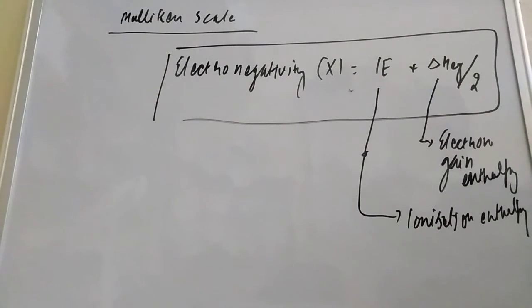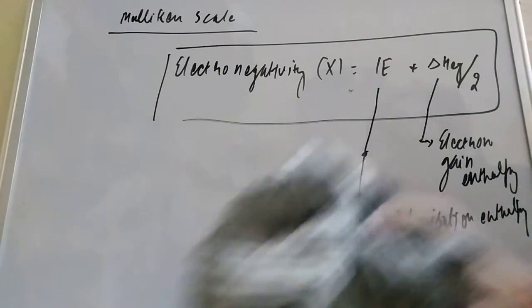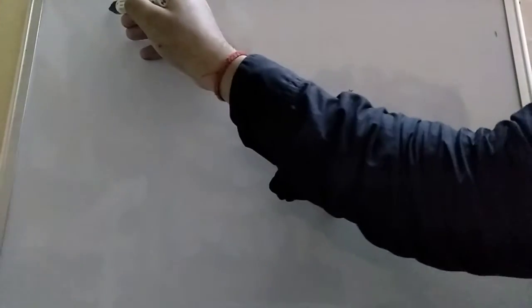And the last one is the Allred-Rochow method. Let us see what this method is saying. That is the last method for the calculation of the electronegativity.